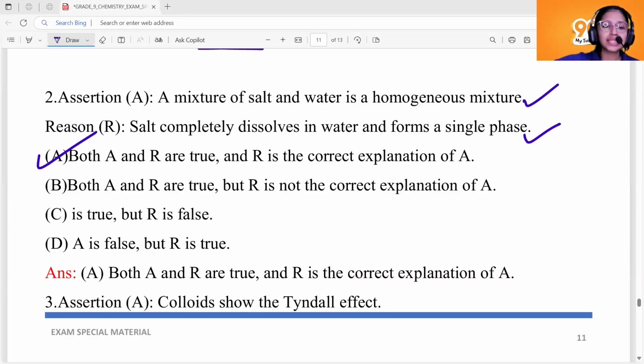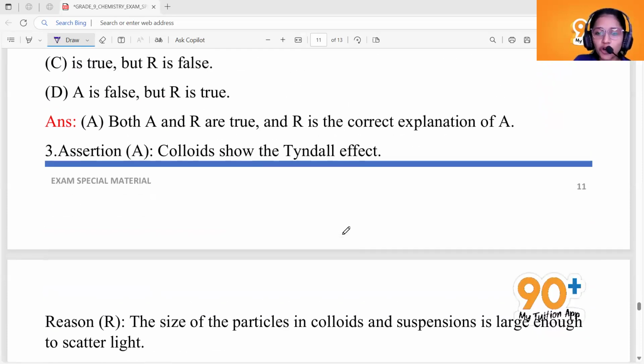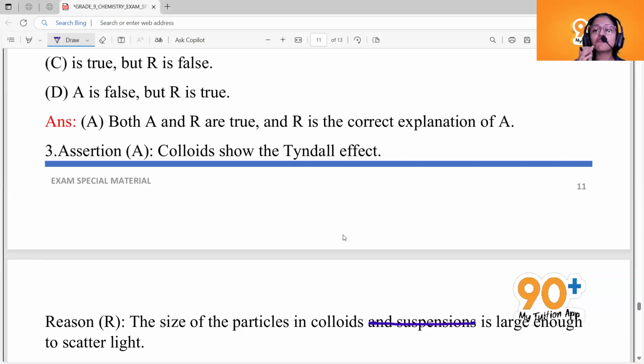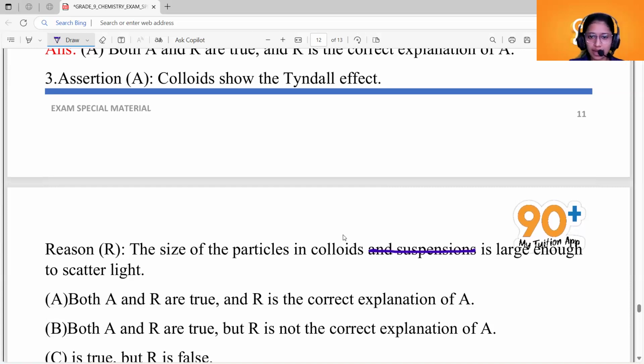Okay. Third question. Assertion: colloids show the Tyndall effect. Reason: size of particles in colloids is large enough to scatter light. So which one is the correct option? Both A and R are true and R is the correct explanation.